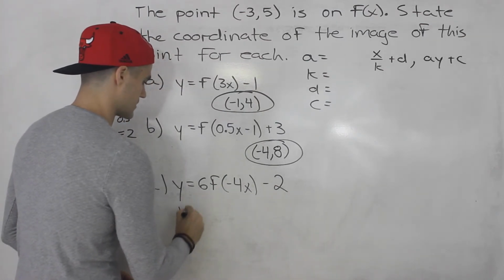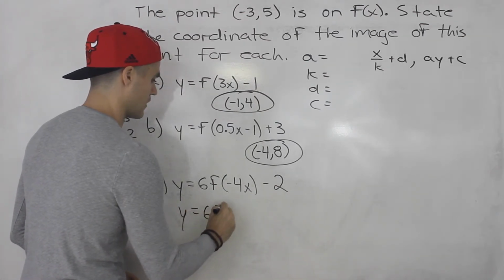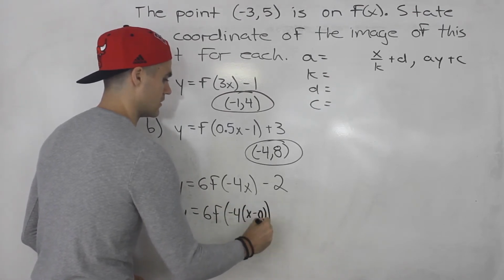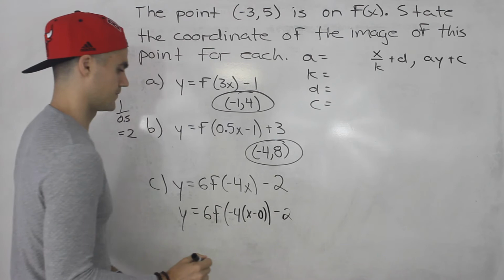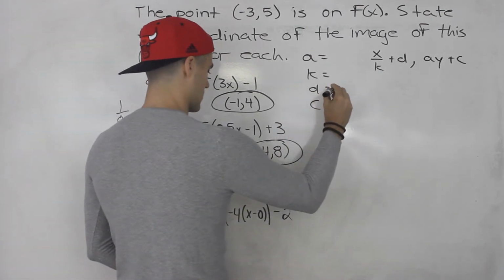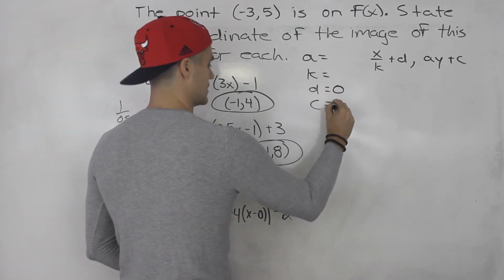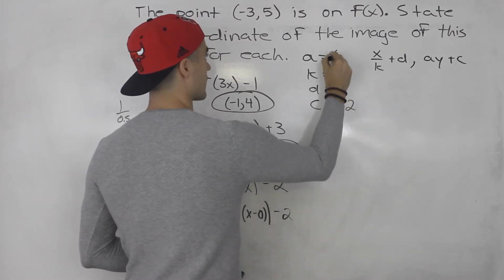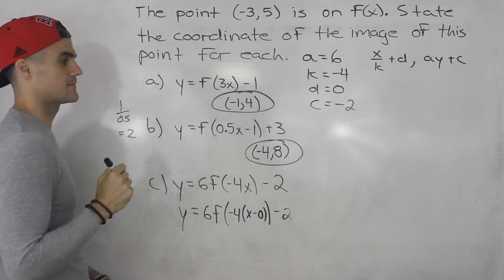And then finally, part C, where the transformation values are going to be... Well, we can rewrite this as 6f(-4(x - 0)) - 2, if we factor it out. Right, so the d value, there is no d value, it's just 0. c value is -2, the k value is -4. Then the a value is 6.